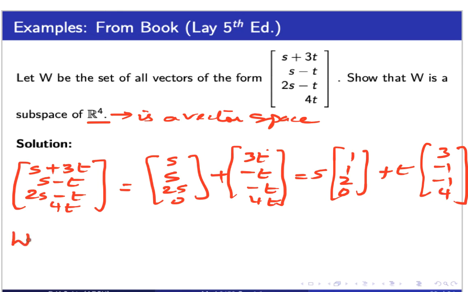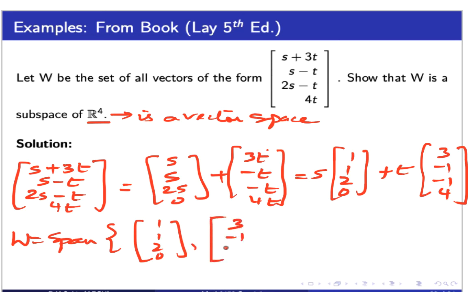So W is nothing but the span of the vectors (1, 1, 2, 0) and (3, -1, -1, 4).